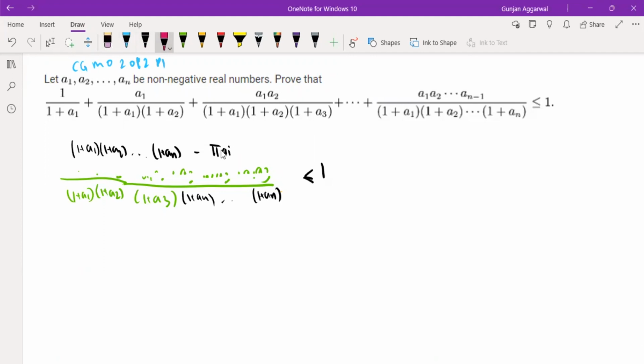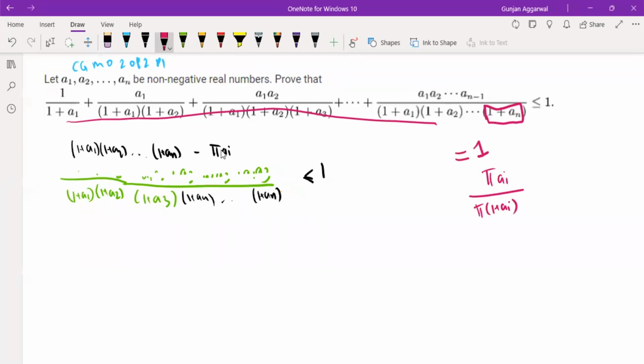Or what you could do is work backwards, since an only affects the last term, and the more you decrease an, the larger this value becomes. You can just put an as 0. And then you get something like product ai, not including an, over product 1 plus ai.